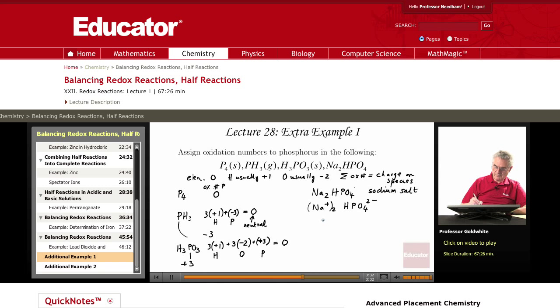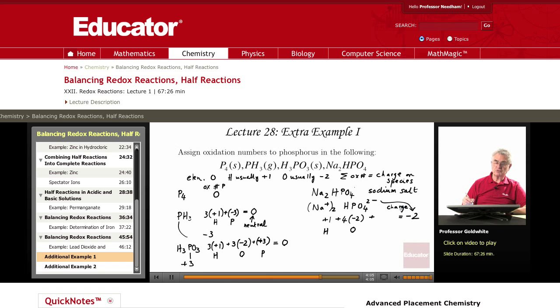Hydrogen, +1. Oxygen, 4 times -2. We are going to assign the phosphorus oxidation number, but the sum must equal -2, because that is the charge on the ion.